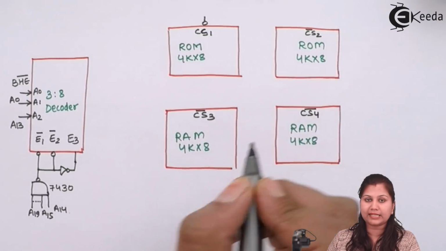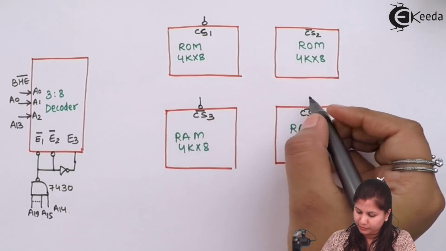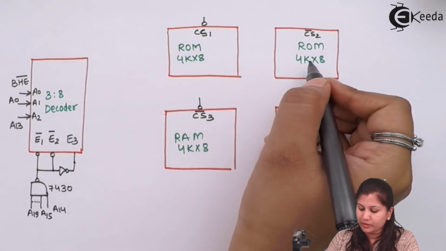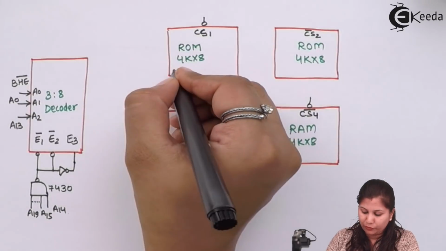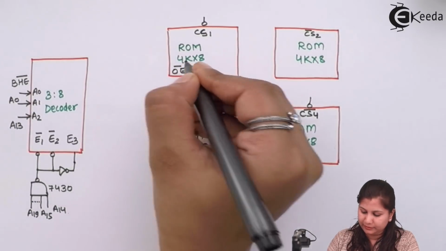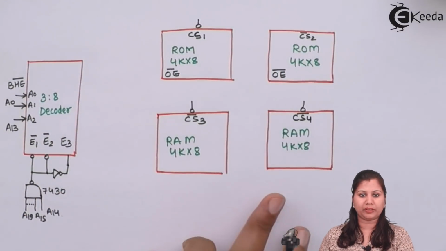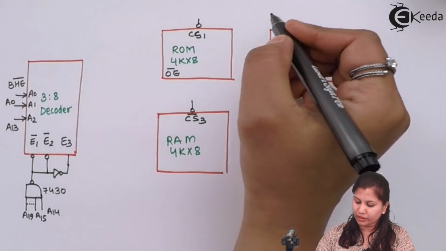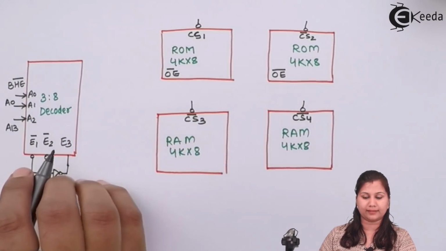These chip select signals are active low signals, so we have denoted a bubble here. Also for the ROM, if we want to read the data from here, we will have an output enable signal. So for these 4 memory chips, we have the 4 chip select signals, and they are active low, so we have denoted bubbles over all these chip select signals.